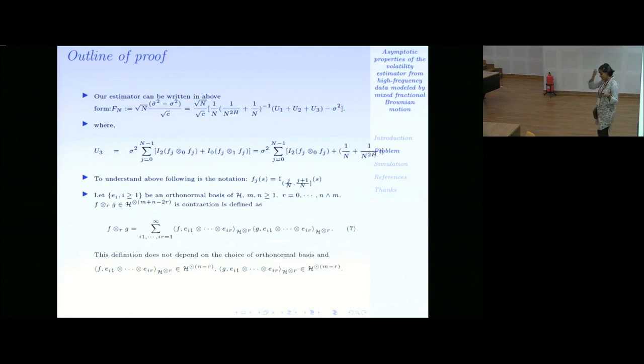So to facilitate proving the asymptotic normality, this slide is saying how our estimator structure can be written in terms of this Fn. There are several terms involved, but only one term is important, which can be expressed as I2 or In kind of things, and the rest one can manage with Slutsky or something.